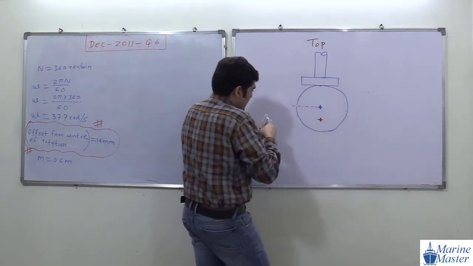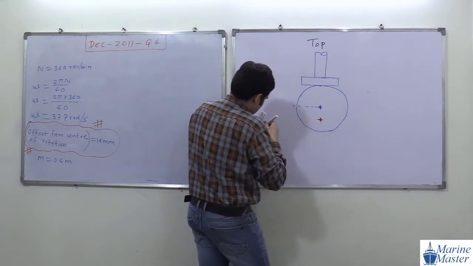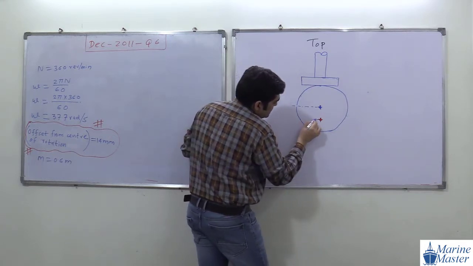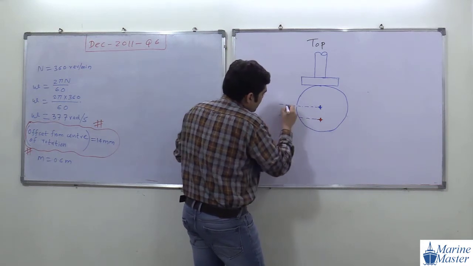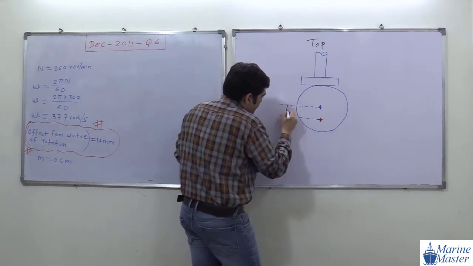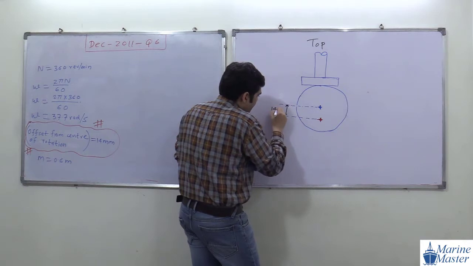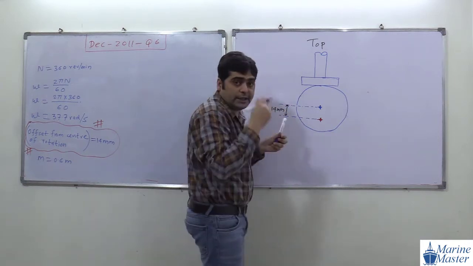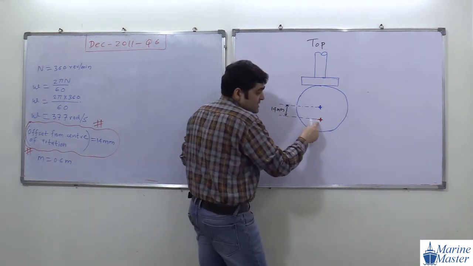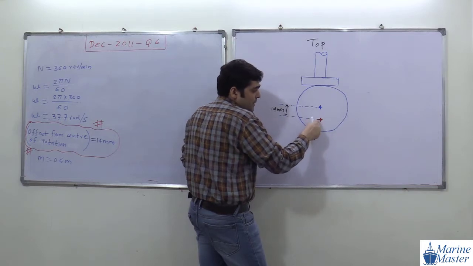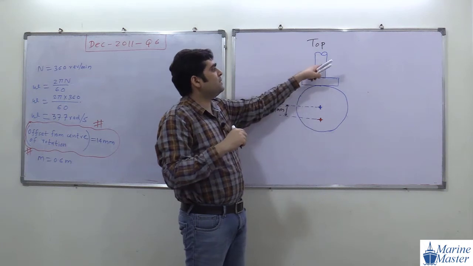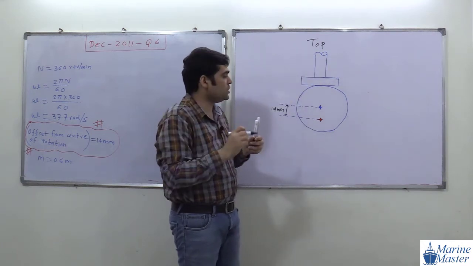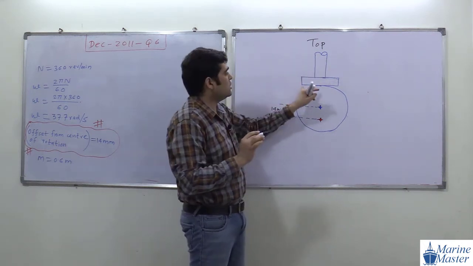And then this distance will be 14 mm. Okay, it is mentioned in the question. So this is the center of rotation. With respect to the center of rotation, the center is above by 14 mm. Then and only then this follower position will be the topmost position.